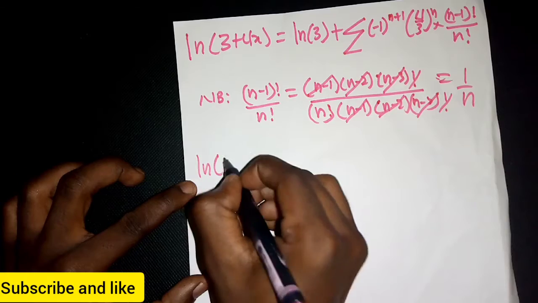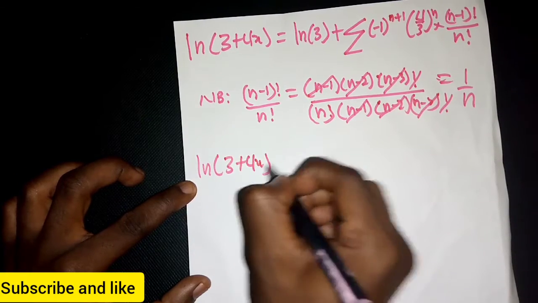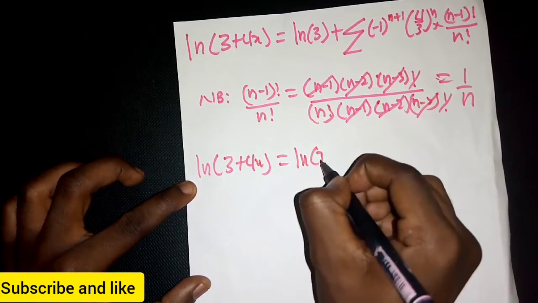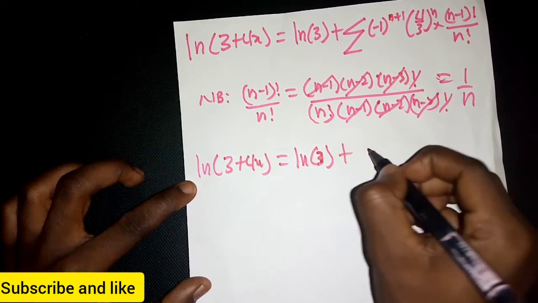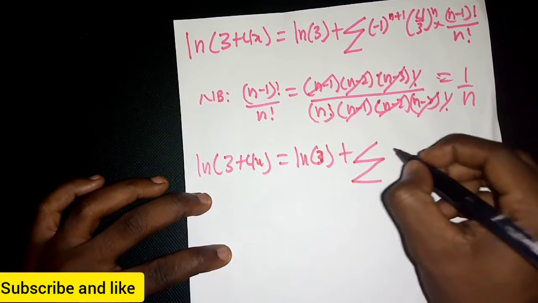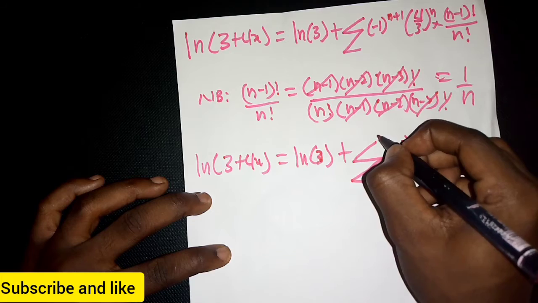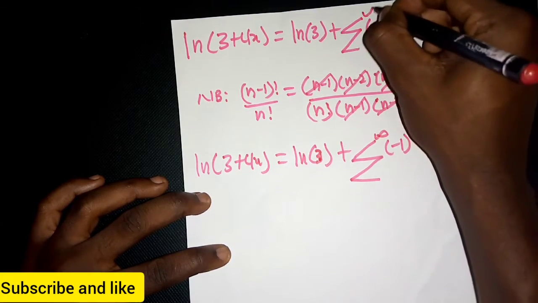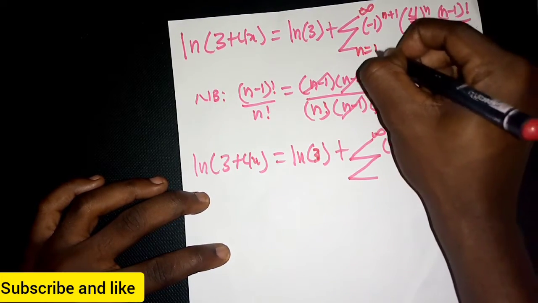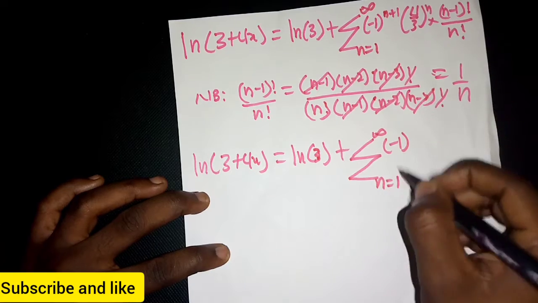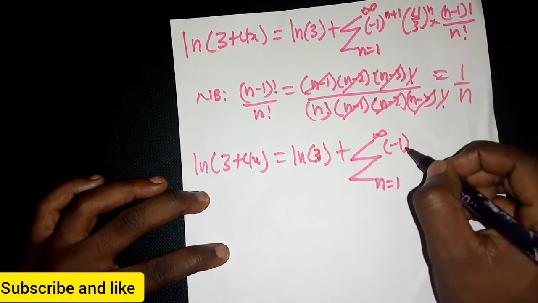So we have the ln of 3 plus 4x here being equal to the ln 3 here plus the summation of -1. So starting from n equal to 1 up to infinity. Remember, it's n equal to 1. This is just n equal to 0.